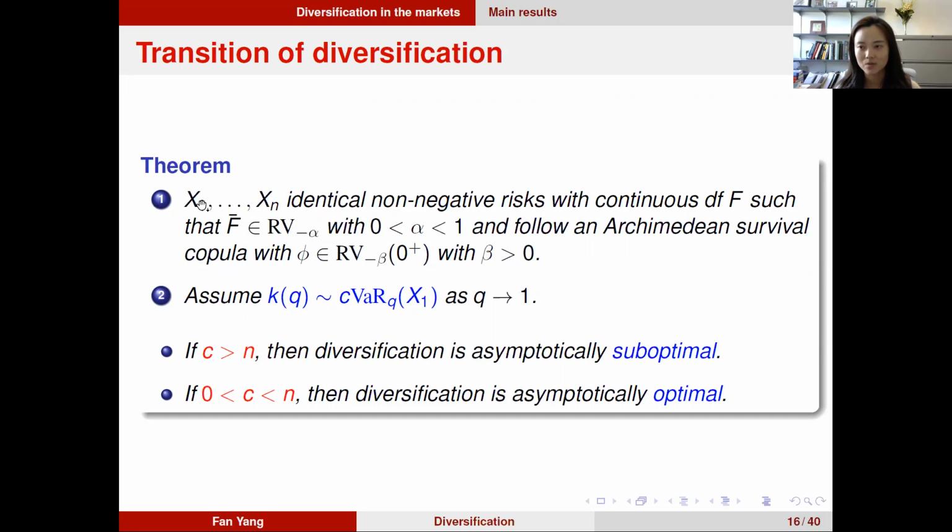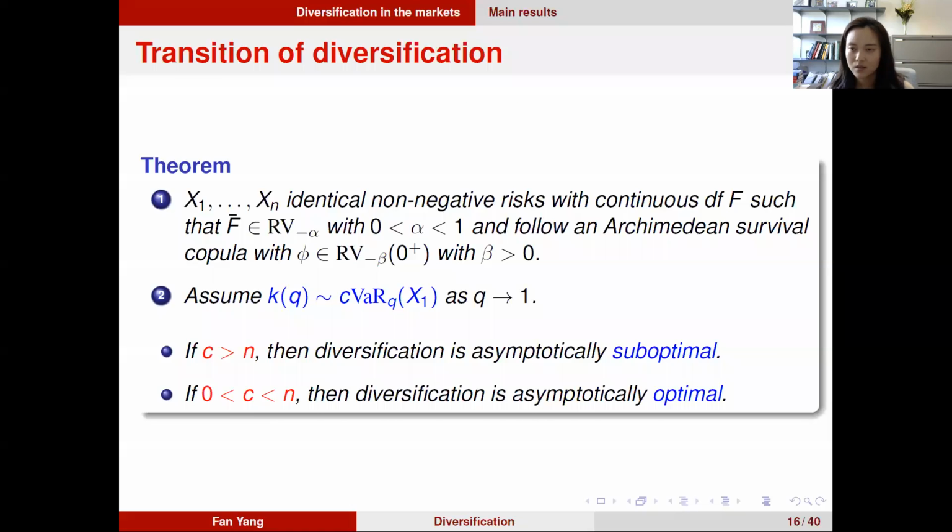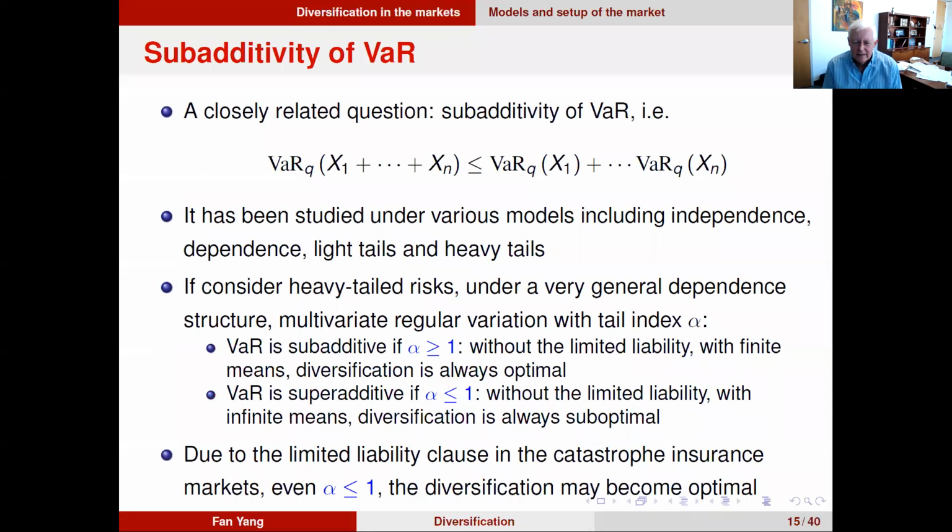Can I ask a question about the limited liability? So if you have, say, 5 insurers in the market, do they each have the same limited liability? Is the limited liability 5 times what it would be for a single insurer, or is it assumed to be the same as the total for all the insurers? Okay, so the liability is the same here in our model.